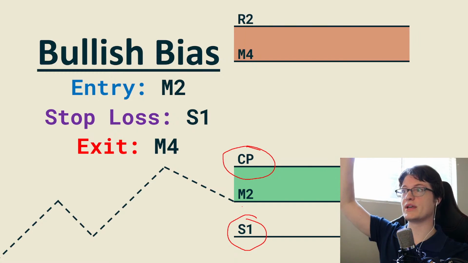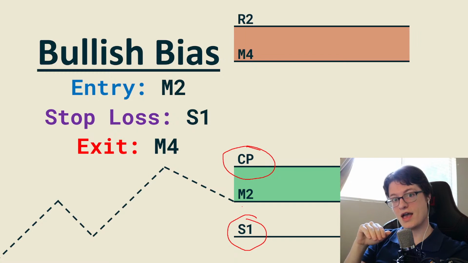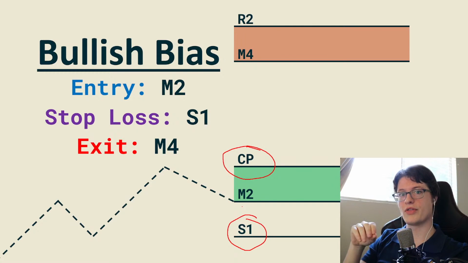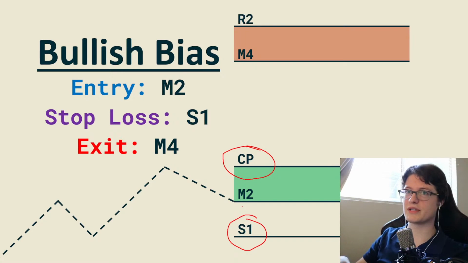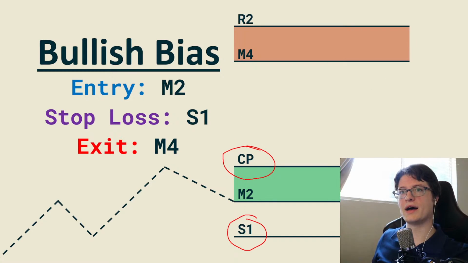And then between R3 and R2, we call that M5. So it goes from 0 to 5, and we don't really use M's past those S3 and R3 levels. Let me go ahead and hide my face here so you can get the full picture.